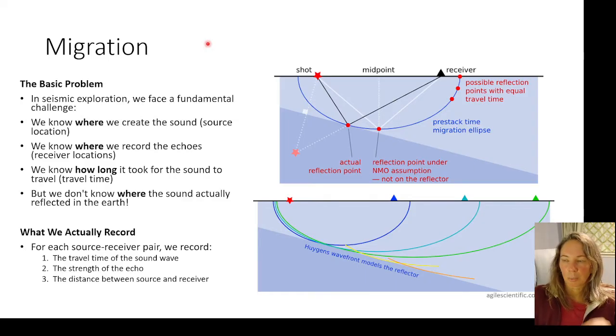Okay, so we know where the source is, we know where we recorded it, and we know how long it took the energy to go from the source to the receiver, but we don't know exactly where it reflected in the earth. And so that's the process of migration.